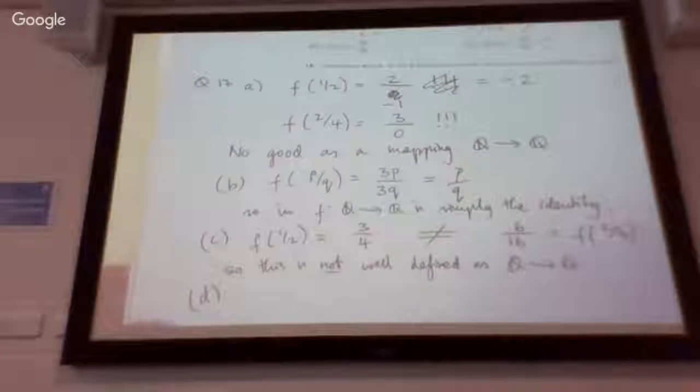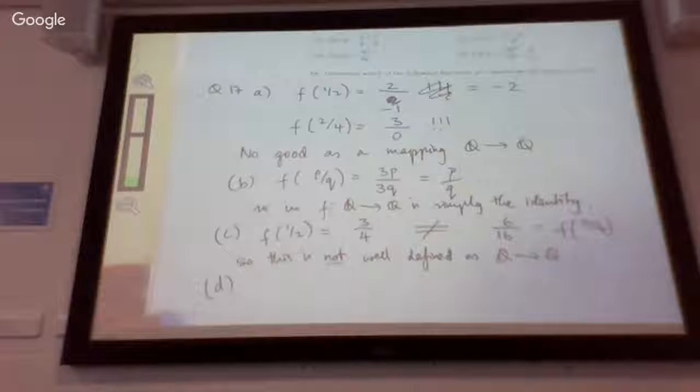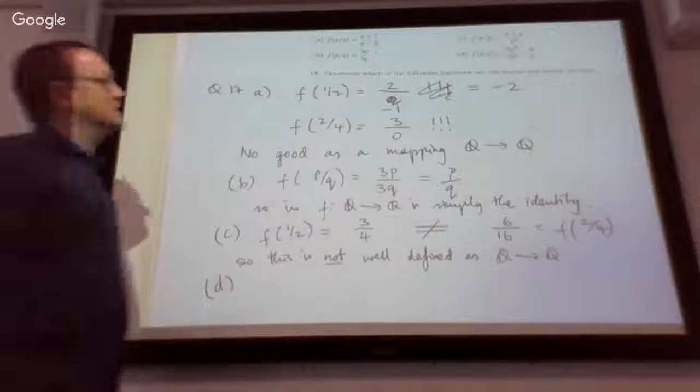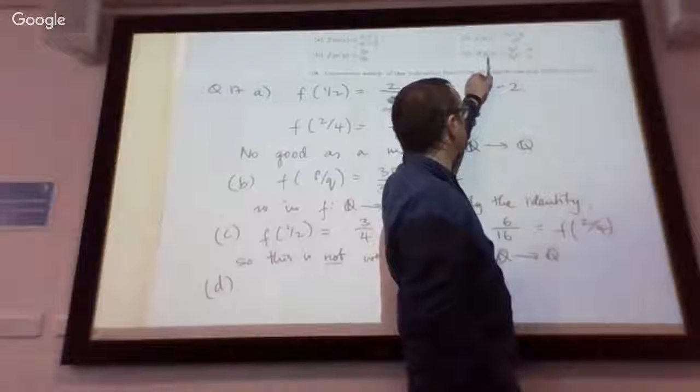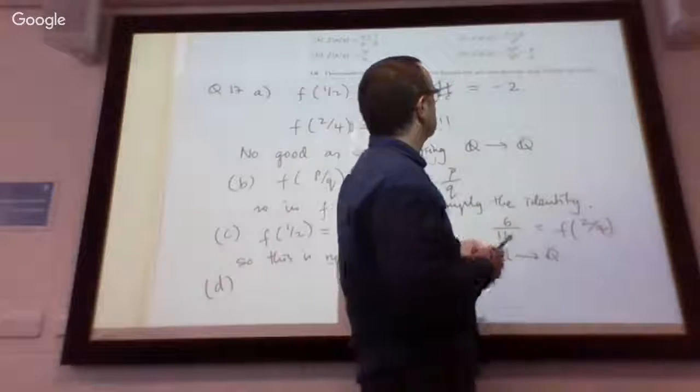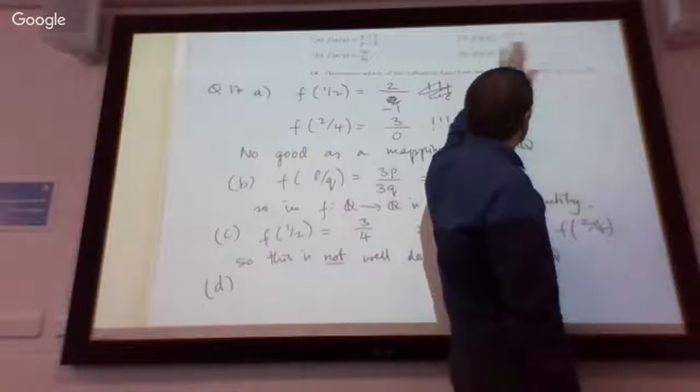D, our last one there. Well, by the law of averages, we've had 2 failures and 1 success, so let's suspect a success. Does it look like a success? It looks okay, because you're taking some rational number represented as a fraction p over q.